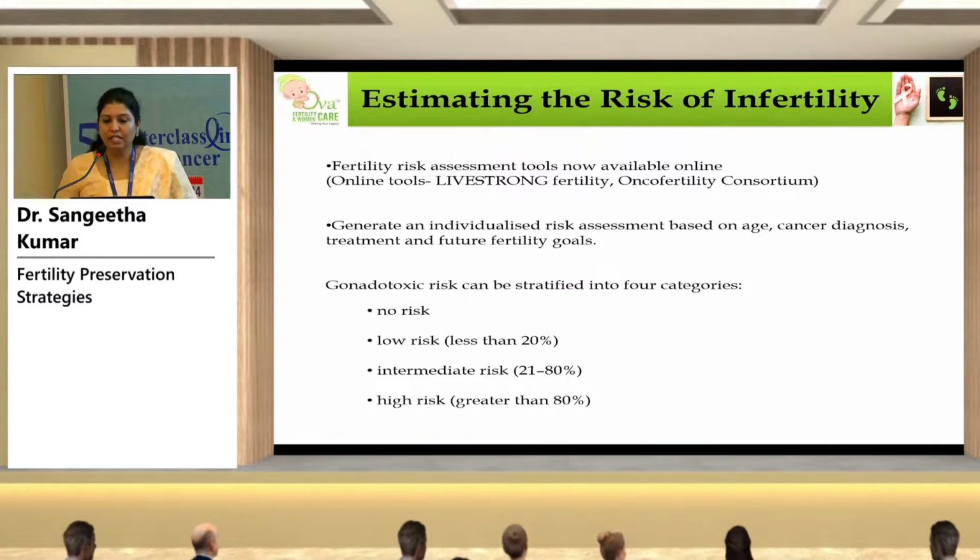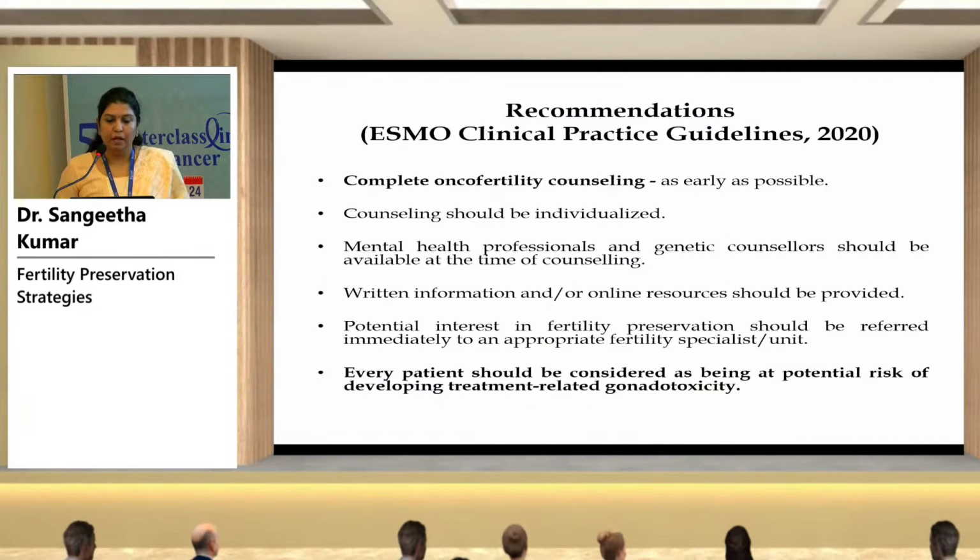Gonadotoxic risks can be stratified into 4 categories: no risk, low risk, intermediate risk, or high risk. According to the European Society of Medical Oncology, they have recommended the following. All patients of the reproductive age group should have a complete oncofertility counseling as early as possible, even before the treatment is being planned. The counseling should be individualized.